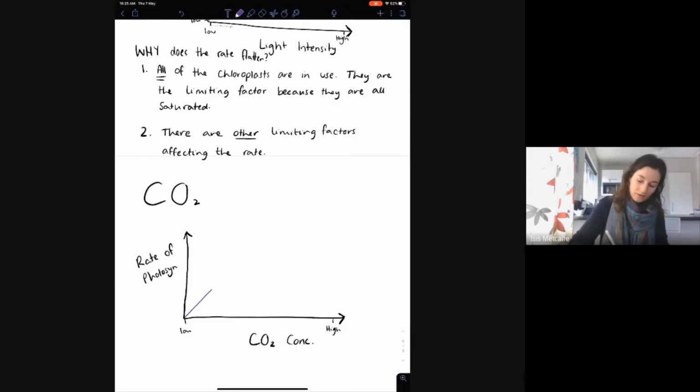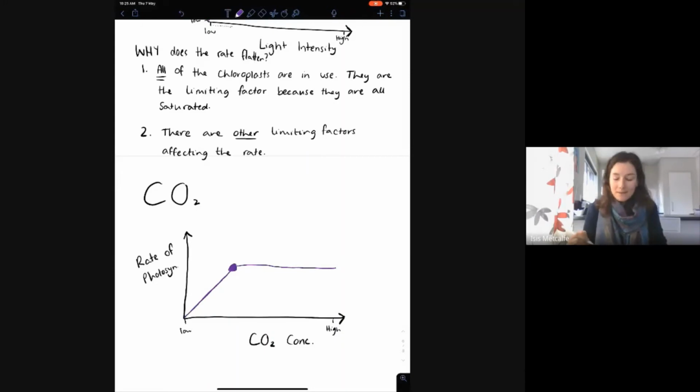So as you increase carbon dioxide, the rate of photosynthesis is going to steadily increase, and it's going to keep increasing until we hit this point here where all of the chloroplasts have become saturated.